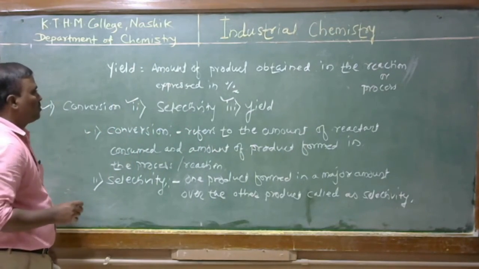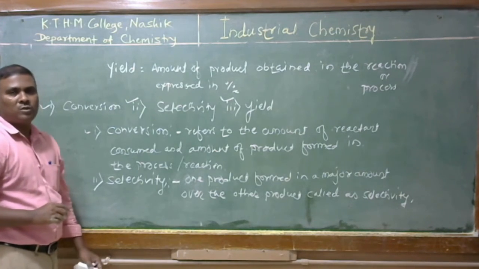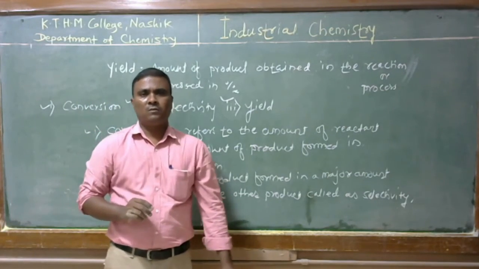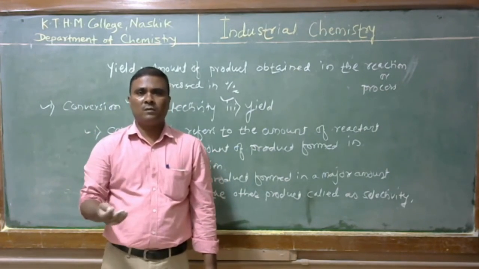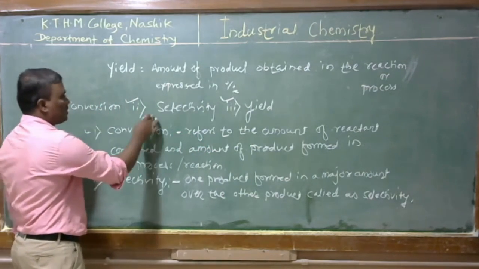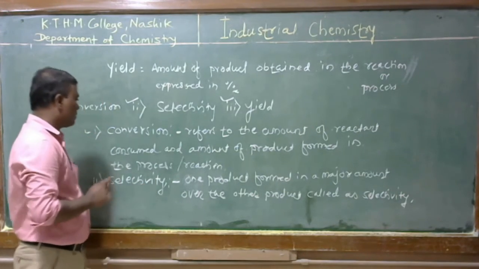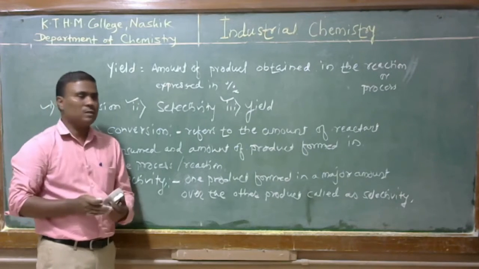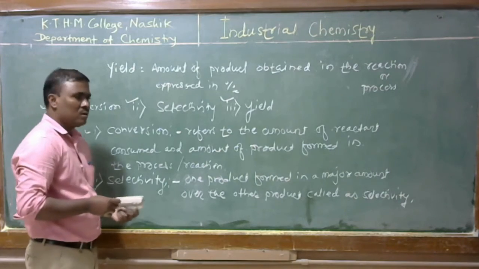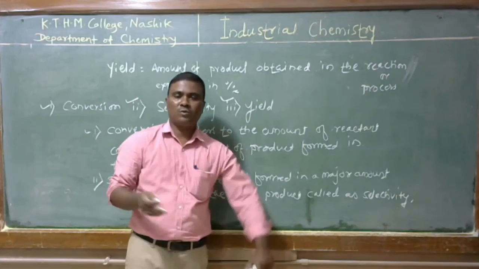So students, I hope you have understood these 3 points which generally come up when we deal with any chemical reaction. That is conversion, selectivity and yield. Conversion refers to the amount of reactant consumed and the amount of product formed in the process of reaction. Selectivity is when one product is formed in a major amount over the other product.